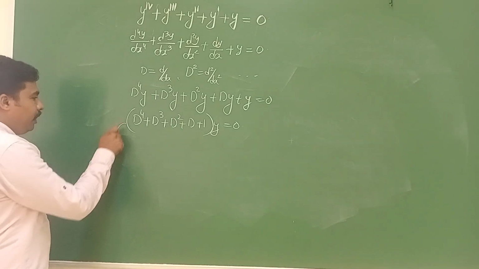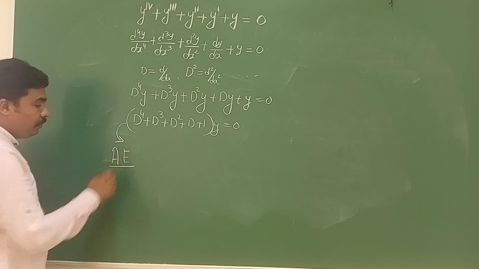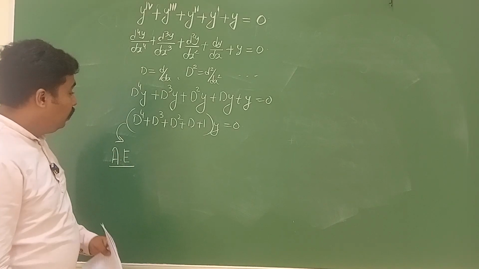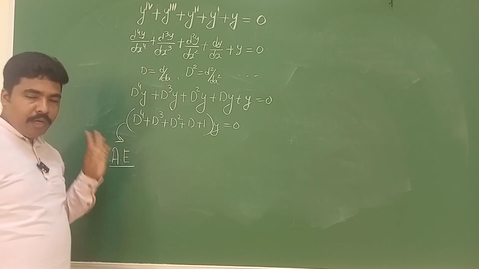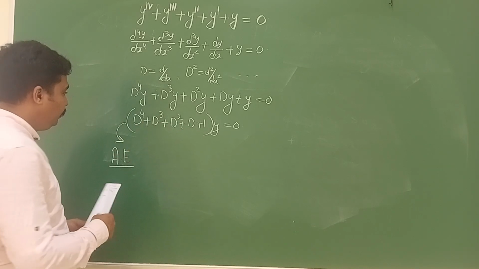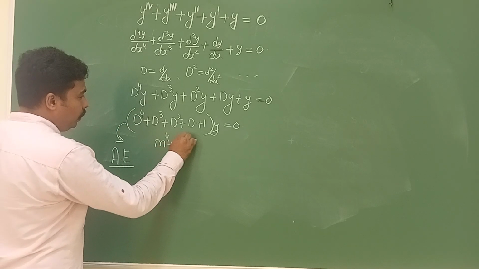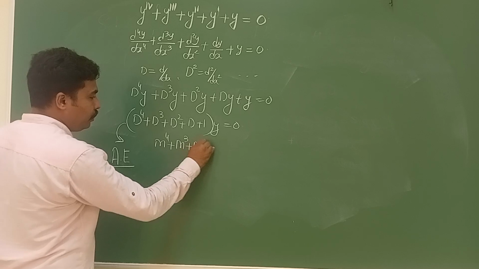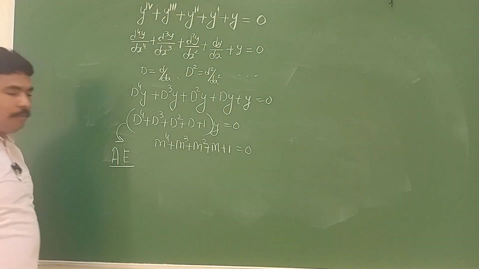After that, we find the auxiliary equation, A.E. If we replace all the D values by m, that gives the auxiliary equation. I am taking m power 4 plus m cube plus m square plus m plus 1 equal to 0.